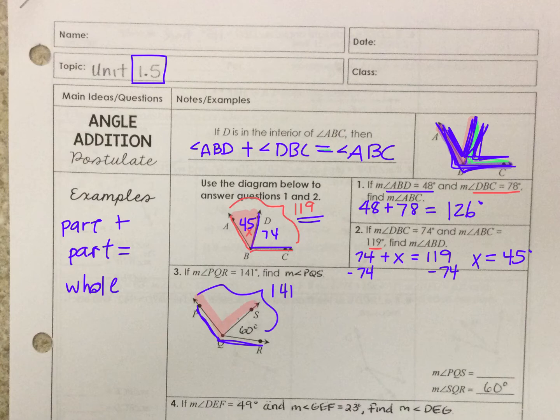So all I say is part. My first part is 60 plus my missing part X equals 141. So I just took the information, part, whole, subtract 60, X equals 81. So that one is 81 degrees.